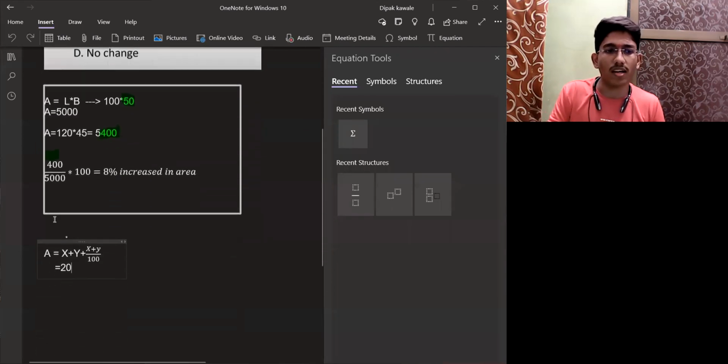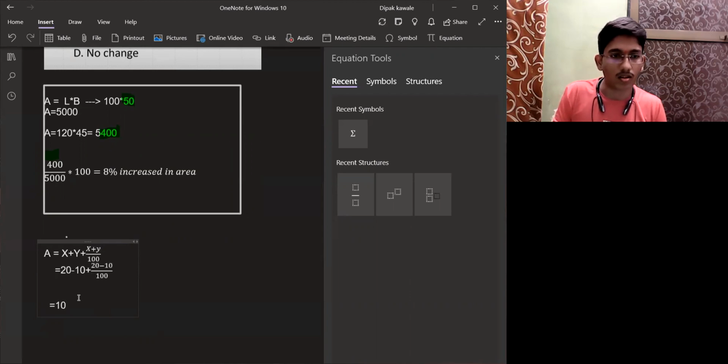That's why it will be minus 12 plus, similarly here 20 minus 10 by 100, which is 10 by 100, like this will become minus 2, which is nothing but 8.